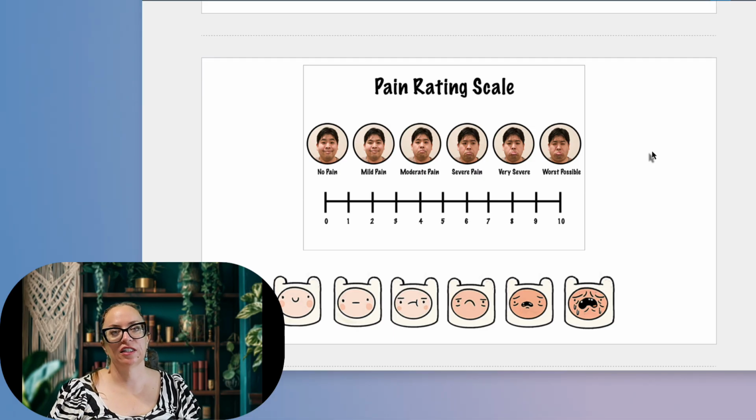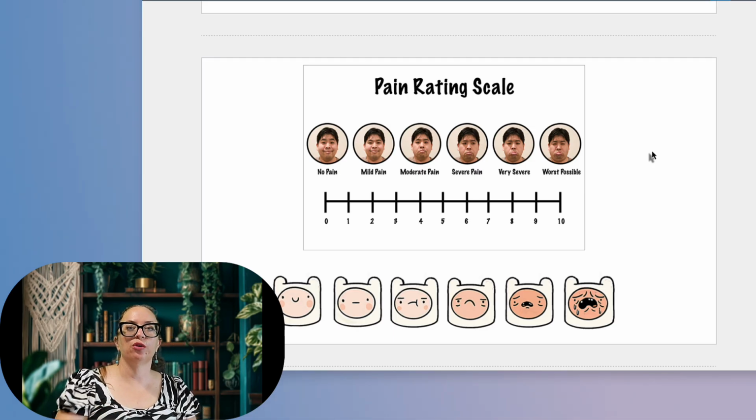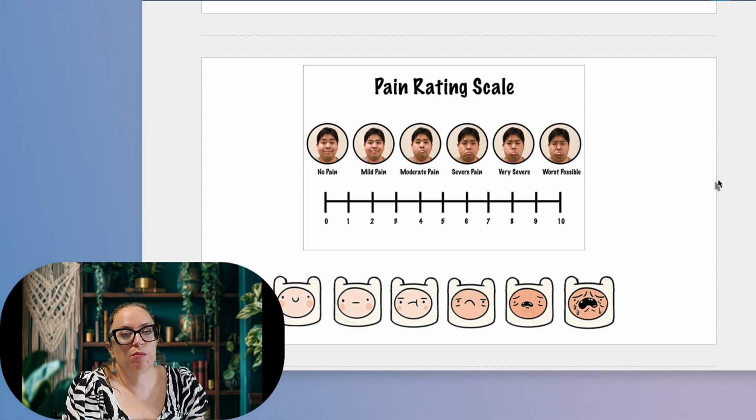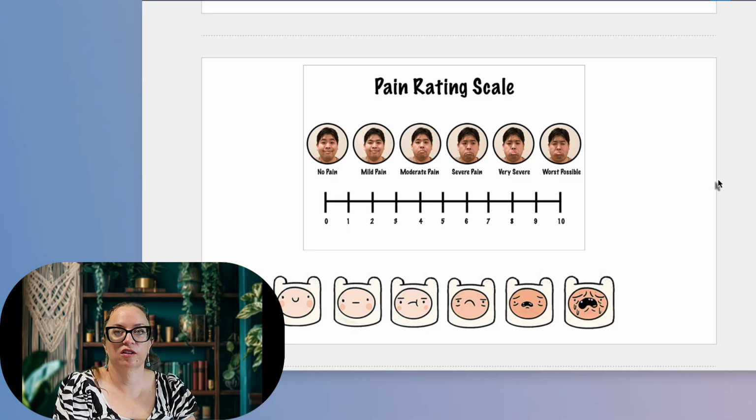So nonetheless, it's an idea to get a better measure of pain. And then below we have a cute one directed towards kids. Finn the human right here expressing different levels of pain. They're using a few different methods to do so, from the facial expressions to the exact skin tone color of his face.